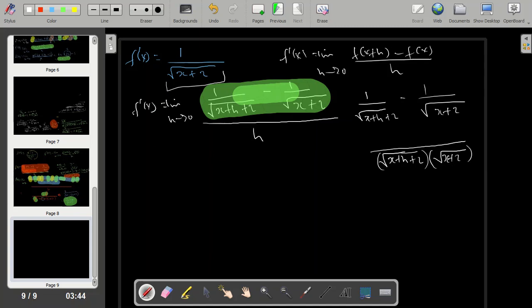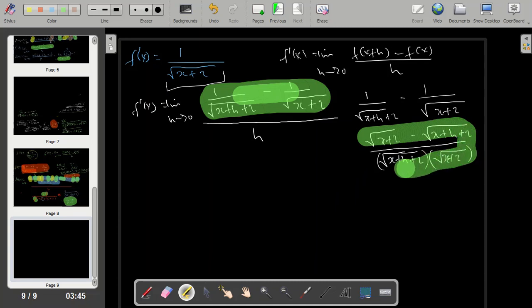So here you are going to get x plus 2 minus x plus h plus 2. So this is what you are going to substitute for the upper part, or rather the numerator.